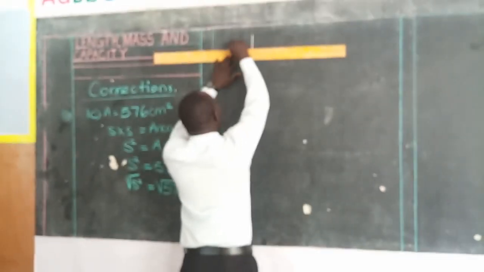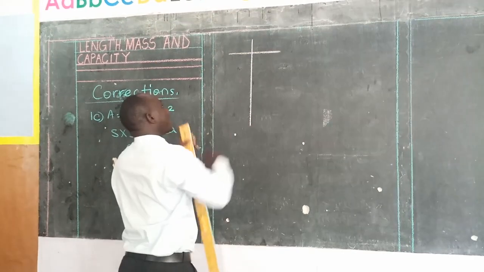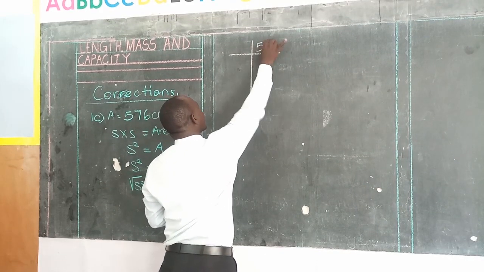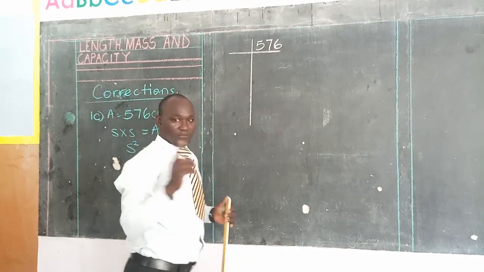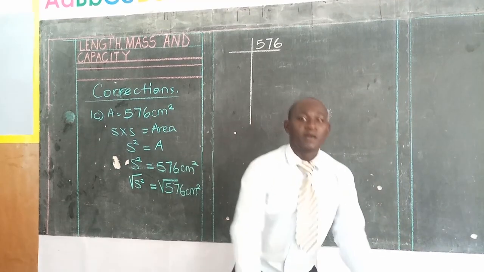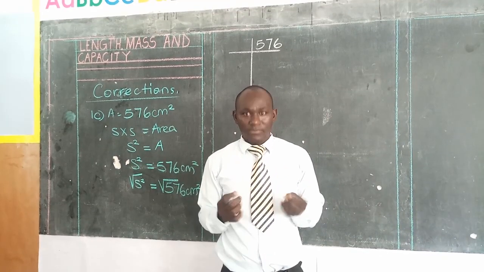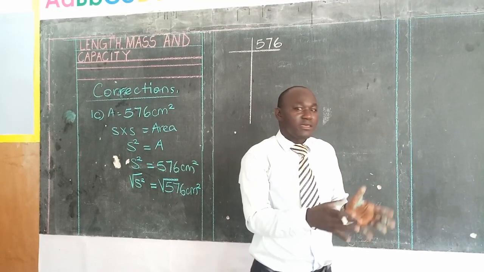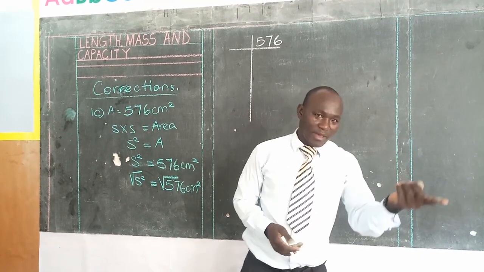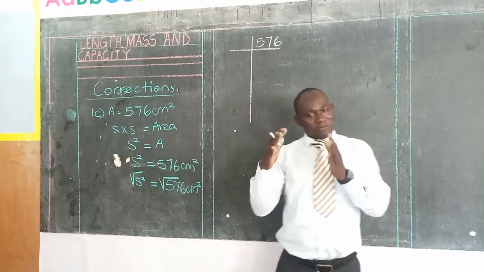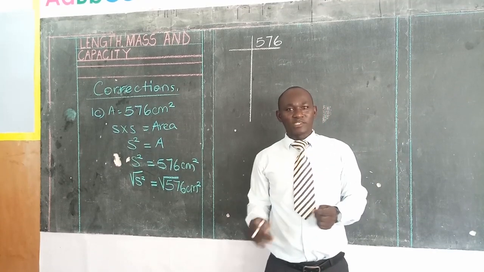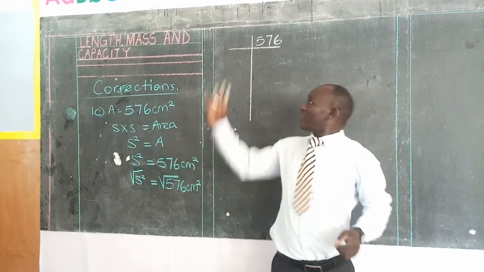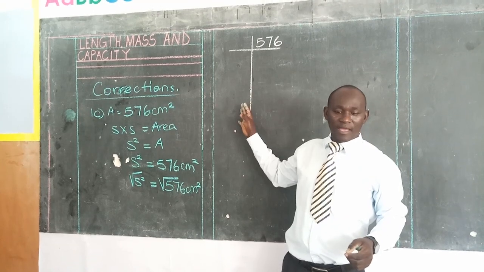So this is my ladder. I have 576. And remember, we talked about prime factorization. That means we are supposed to use only prime numbers. As a point of reminder, prime numbers are numbers which have only 2 factors. And they're the very numbers we are supposed to use here.